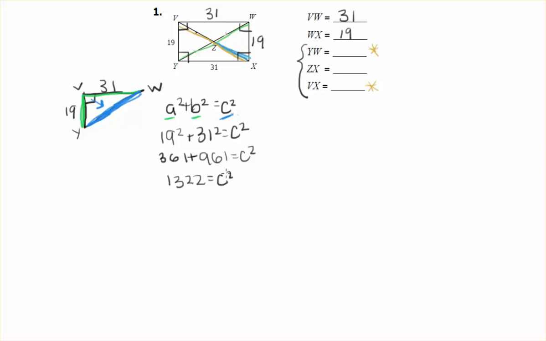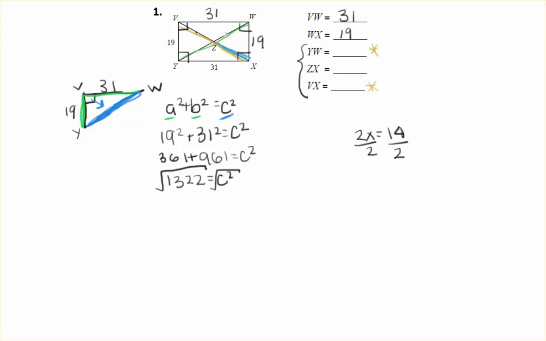At this point we need to get c by itself, so we need to do the opposite of squaring, which would be taking the square root. Just like if you had 2x equals 14, you would divide by 2 to get x by itself, because 2 is being multiplied by x, and the opposite of multiplying is dividing.